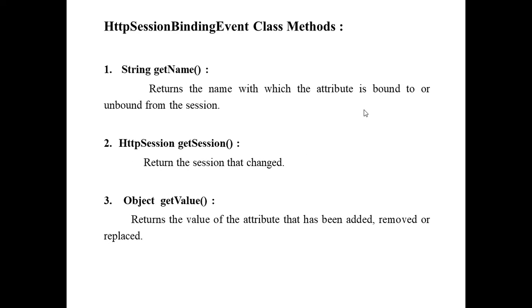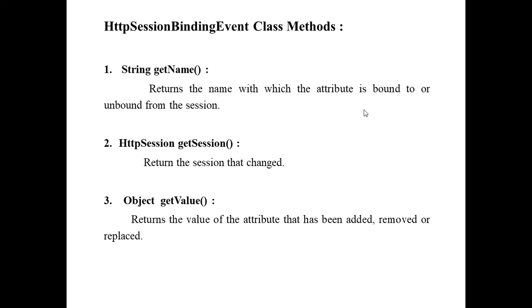See some methods of the HttpSessionBindingEvent class. The first method is String getName. This method returns the name with which the attribute is bound to or unbound from a session. The second method is HttpSession getSession. This method returns the session that changed. And the third method is Object getValue.